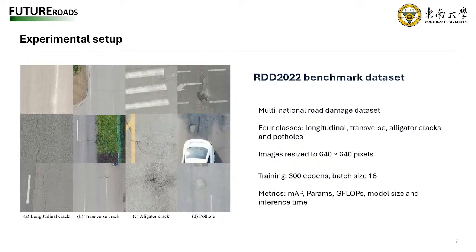All images are resized to 640 pixels, and we trained the model with 300 epochs and a batch size of 16. Here we not only consider the accuracy, but also the number of parameters, model size, and inference time. So we adopted different indicators to evaluate the model performance.